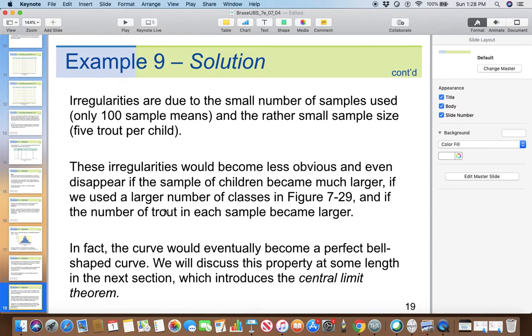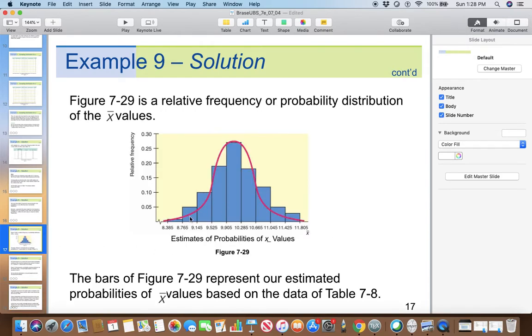If we used a larger number of classes and if the number of trout in each sample became larger, say, suppose each child had 20 fish and we took 500 children, then you would have a better approximation to the curve.